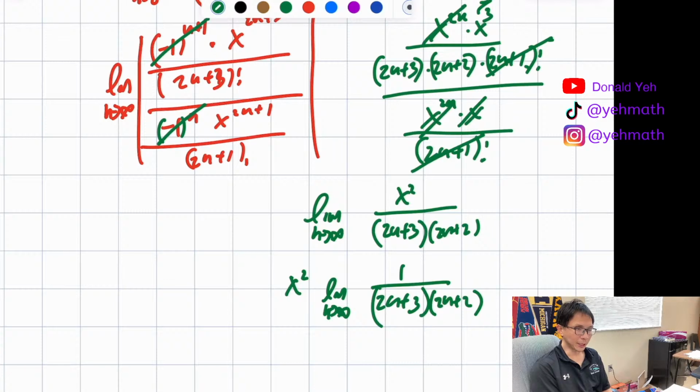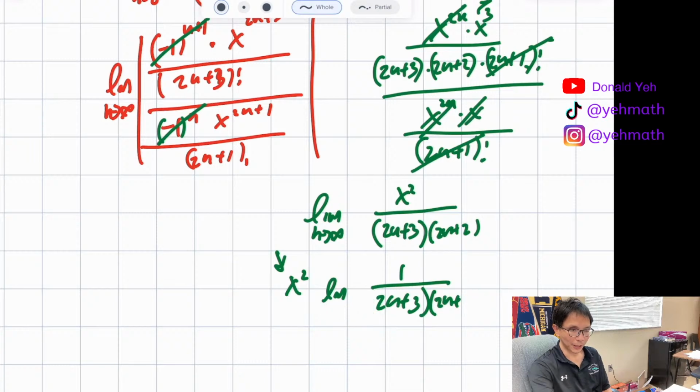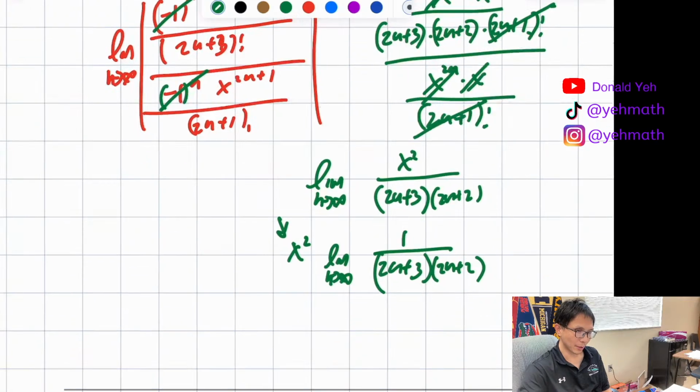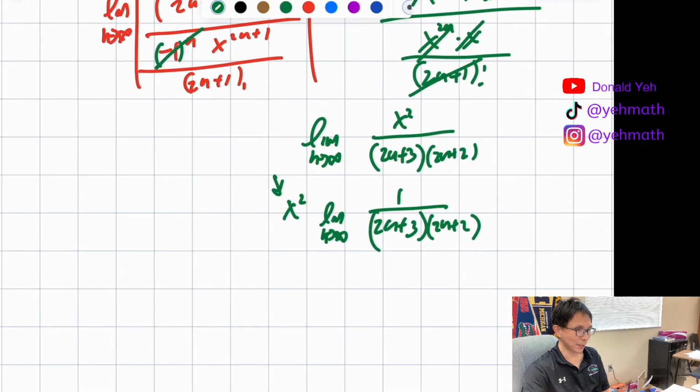If you think about it, x is some type of fixed number, right? So let's just say x is equal to 100. 100 squared is going to be, I don't know, 10,000, whatever. And then you divide it by, if the bottom goes to infinity, what will happen? It's 0. So in this case, what's my radius of convergence?